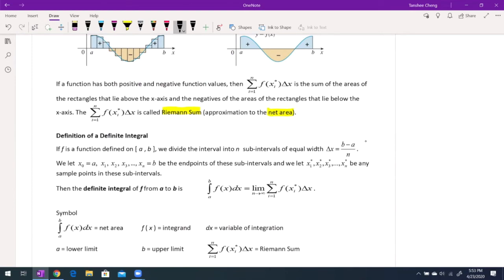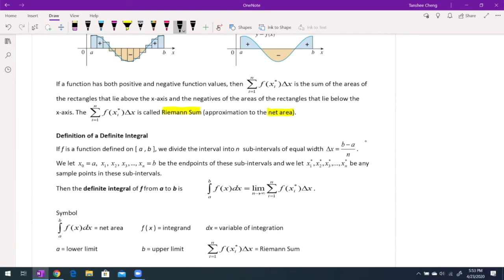The interval we write down is the lower bound and then the upper bound, and the function that we are integrating is called the integrand. The dx basically tells you which variable you are integrating with respect to.